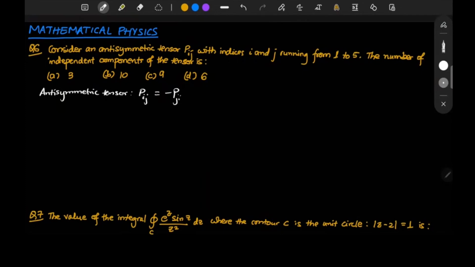Now, you can represent this Pij tensor as a matrix. And if it is an antisymmetric tensor, you can represent this as an antisymmetric matrix.